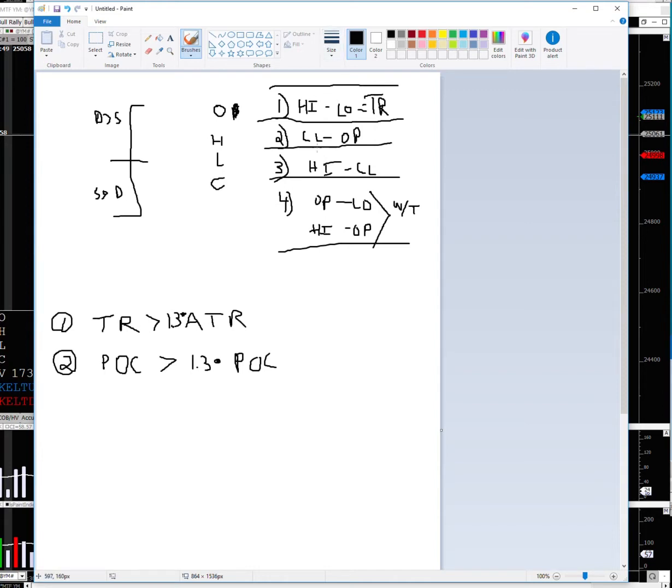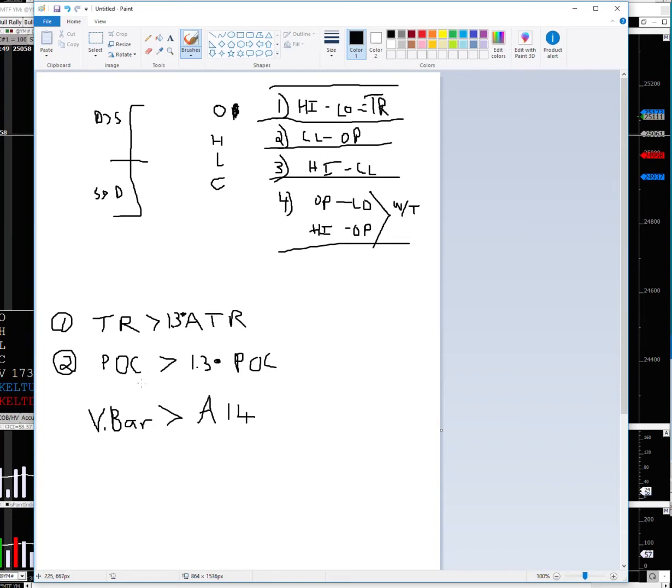You take the value of a single bar, whether it's the range or the position of close, and if you want to compare it, all you do is take an average. You take the average of the last 14 bars at least. Actually, the least can be 10 bars, but anyway.